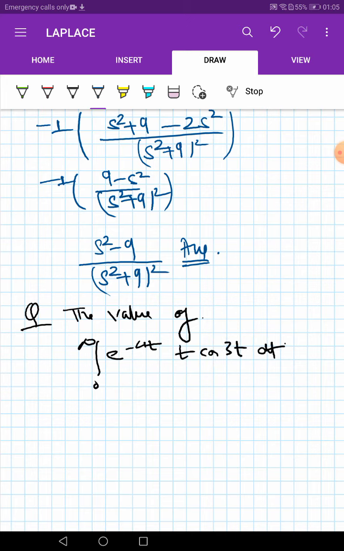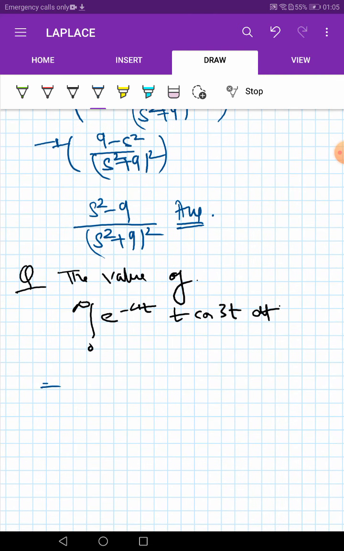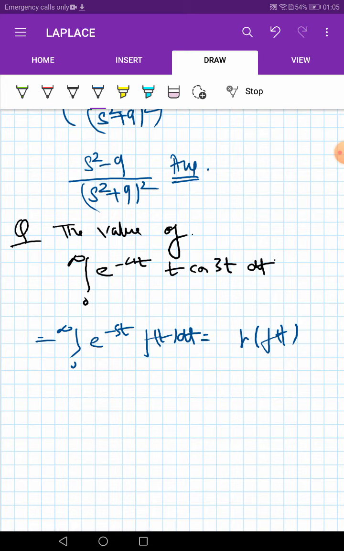If we clearly observe, it is some form of the integral from 0 to infinity of e power minus st f of t dt, which is the definition of the Laplace transformation of f of t. If we compare both the terms, then our s will be equal to 4 and our f of t will be t cos 3t.